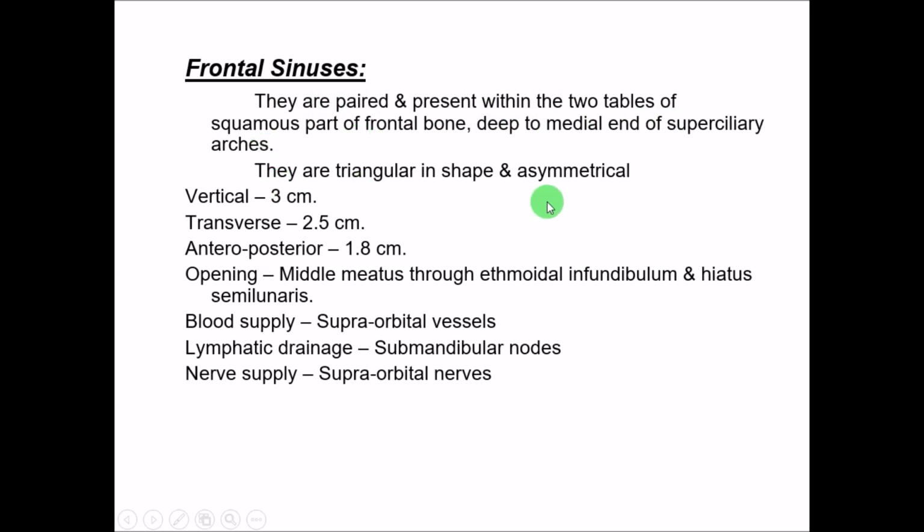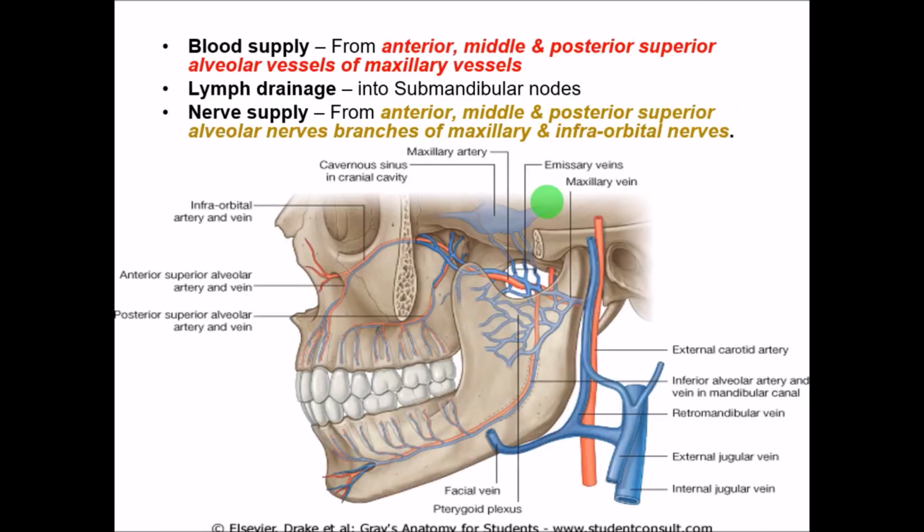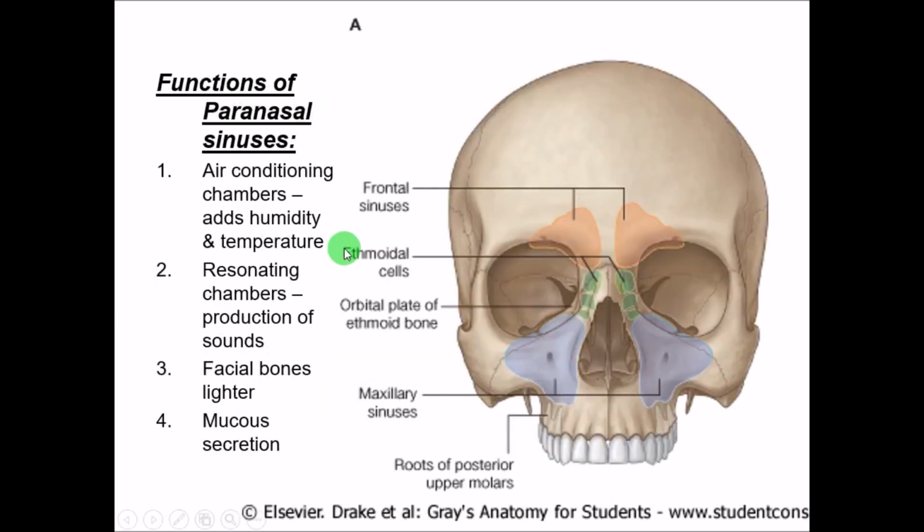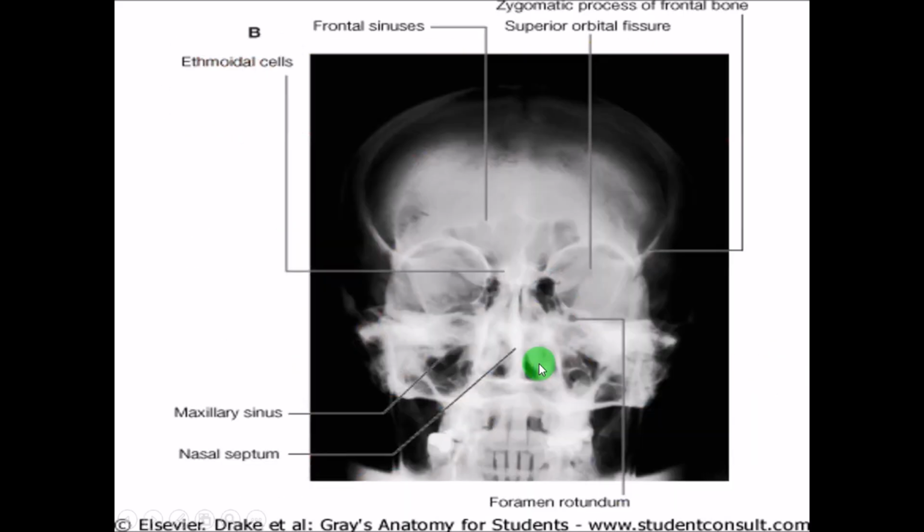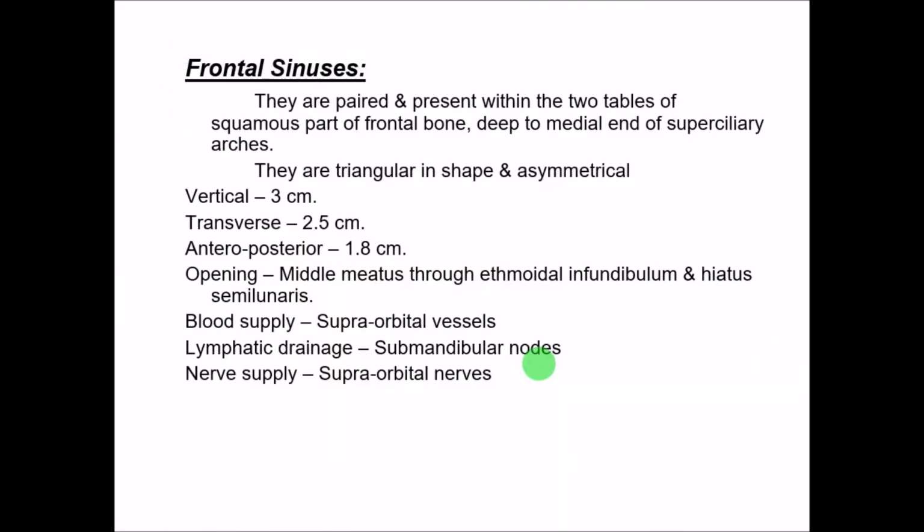They are triangular in shape, as you saw here, similar to the maxillary sinus, but they are smaller. They are triangular and asymmetric, not symmetrical. The vertical size is 3 cm, the transverse is 2.5 centimeters, and the anteroposterior diameter is 1.8 centimeters.